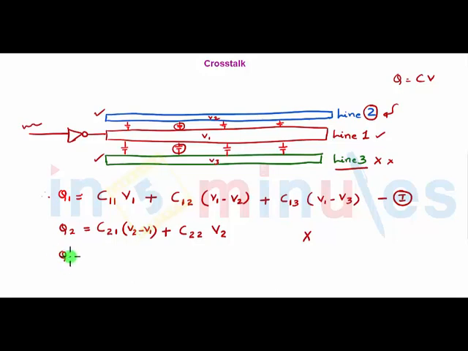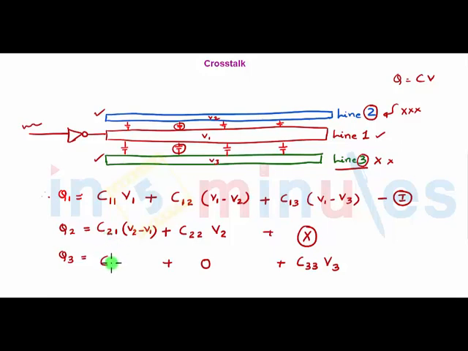Similarly, we can write for Q3 as well. Now see, line 3 is not getting affected by line 2 at all. So this term is going to be 0 or not present, correct? Here in this case, this term was 0. Line 3 has its own self-capacitance, which we'll call C33, into the voltage of its own, which is nothing but V3, and it gets affected by line 1.